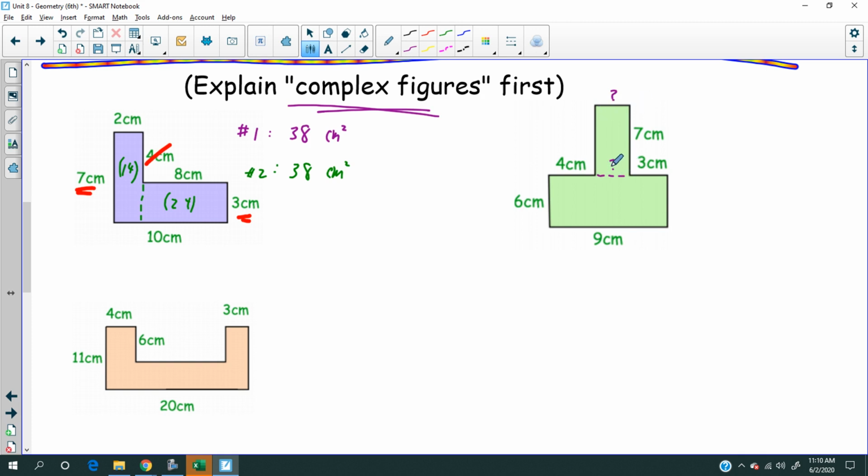If this is 4, and this is 3, and this whole thing is 9, how long is this one right here? You take the 9, take away the 4, take away the 3. What are you left with? Yeah, 2. So this would be 2 right here.